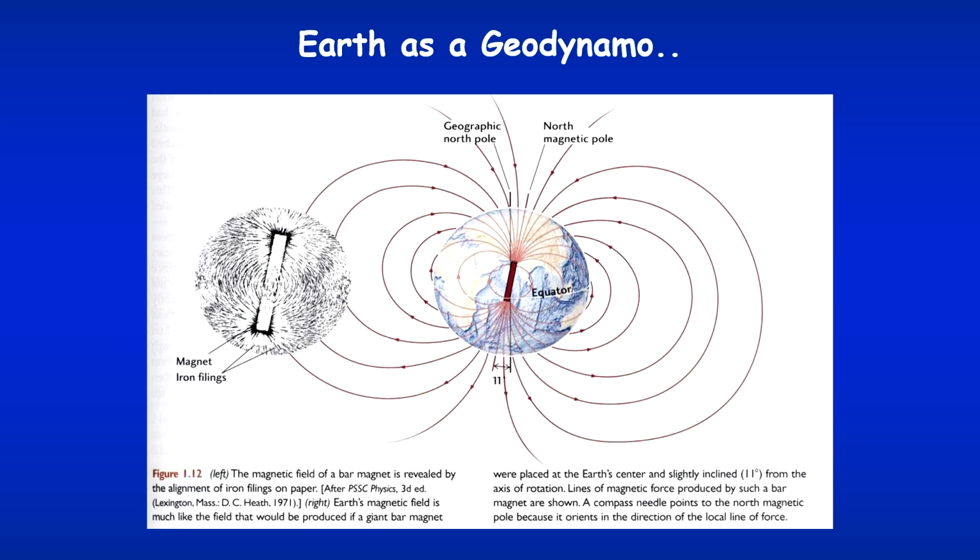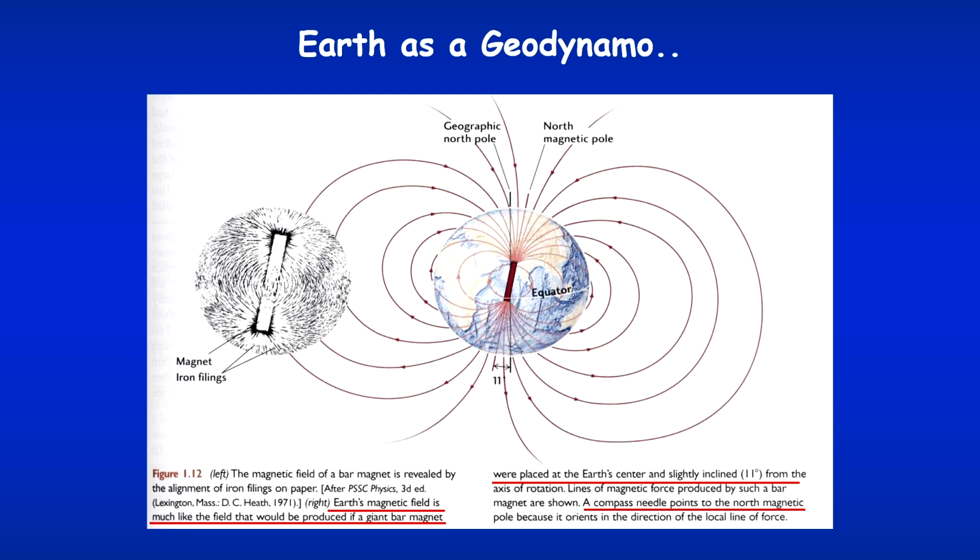Now, consider that the Earth's magnetic field is much like the field that would be produced if a giant magnet were placed at Earth's center, slightly inclined, because this is 11 degrees. What we have is the inclination of the axis from the axis of rotation.